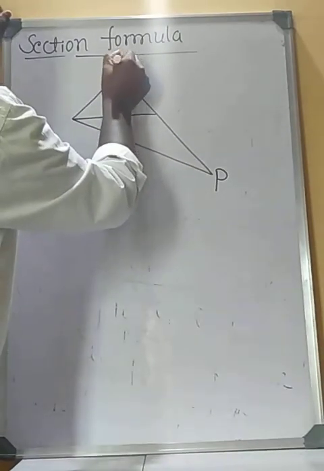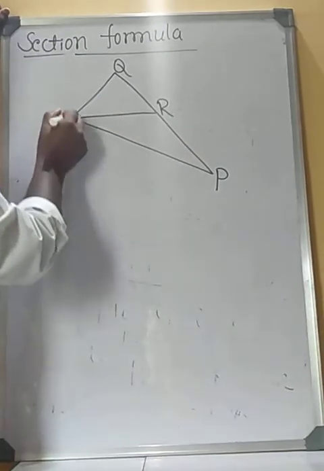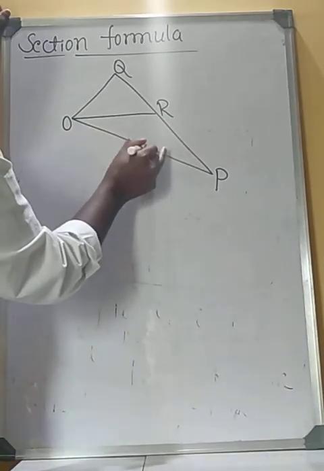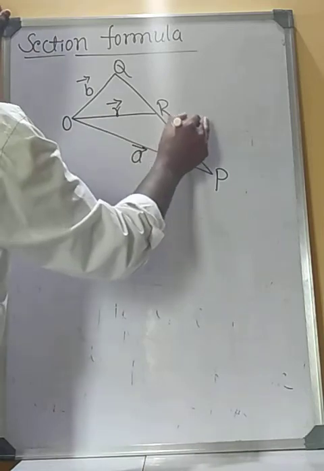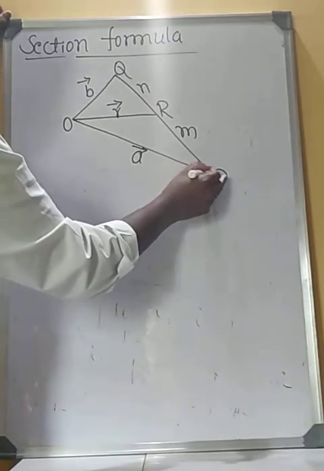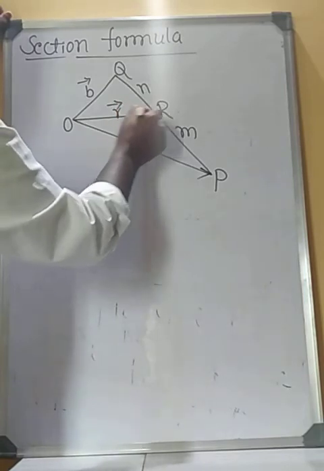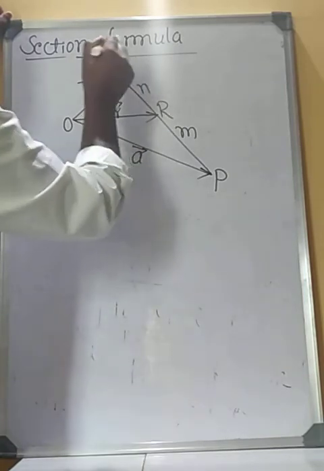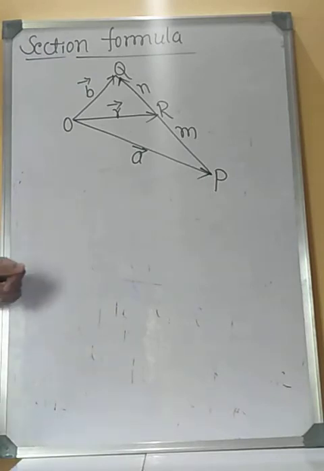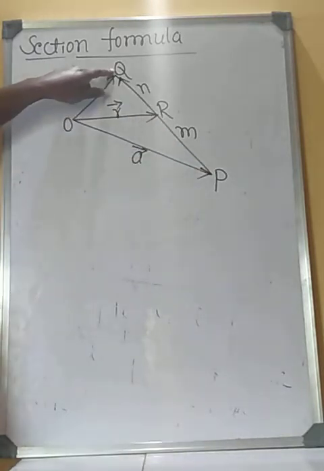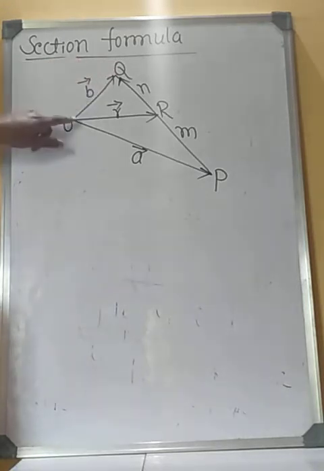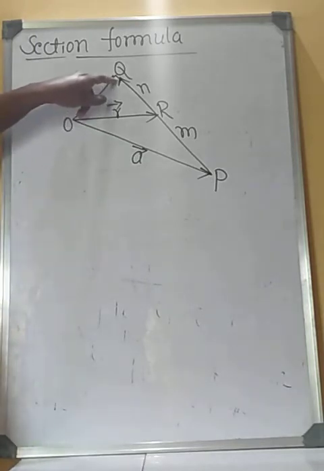Here let P and Q be 2 points represented by the position vectors OP and OQ respectively.